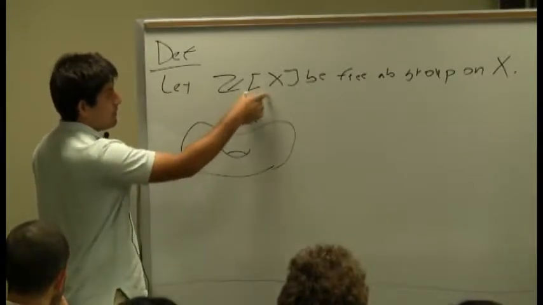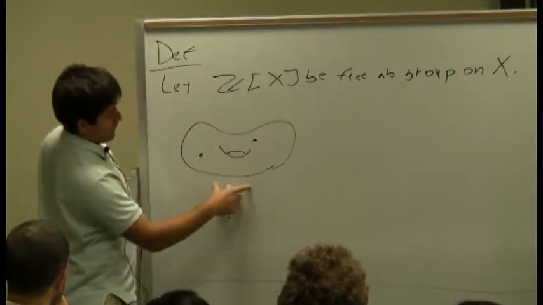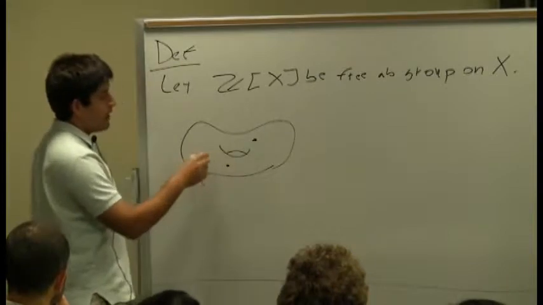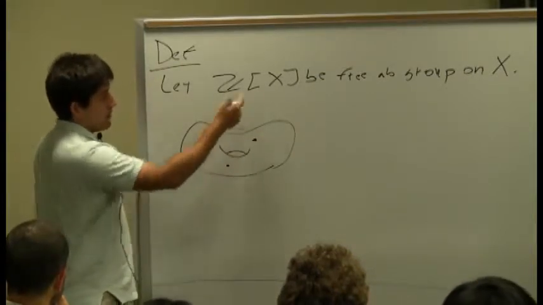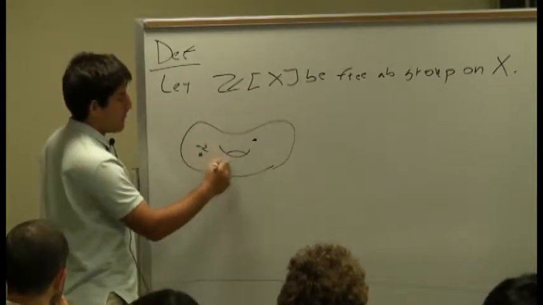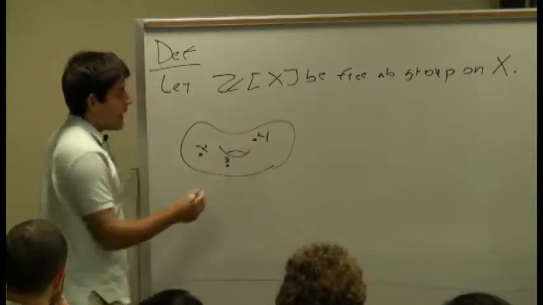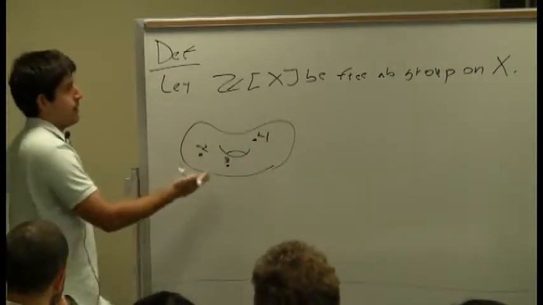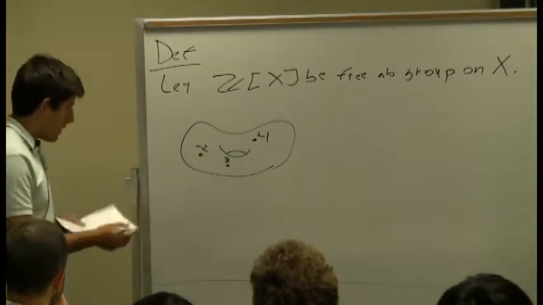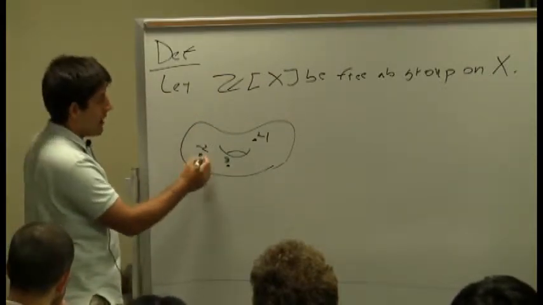You can think of a point in this space, if this manifold is X, as a configuration of points labeled by integers. And I want to topologize this space in such a way that when points collide, you add their labels.